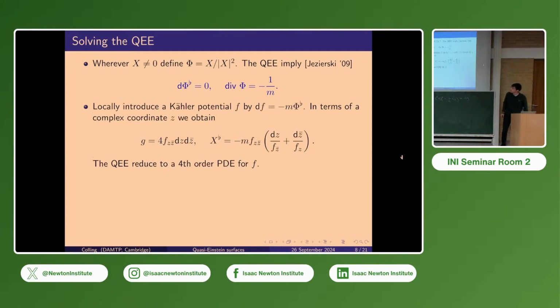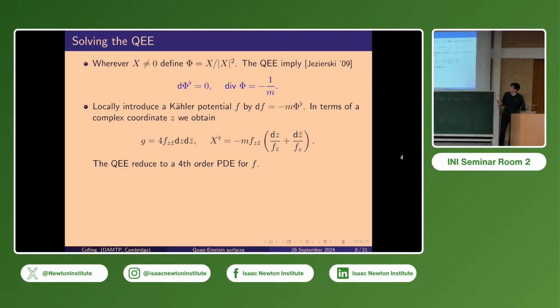So the first equation means that we can introduce a function f such that df is -m times phi. And then the second equation reads the Laplacian of f equals 1, which means that f is a Kähler potential for the metric. So if we pick a local complex coordinate z, then the metric can be written in this way, where f_{z zbar} means d by dz of d by dz bar of f.